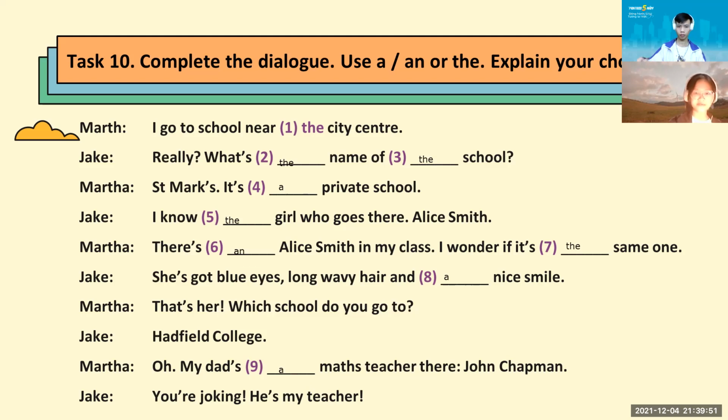I'm finished. Now, number two. What's the name of the school? Is it a private school? A private school. Okay. I know the girl who goes there. A girl. There is an Alice Smith.